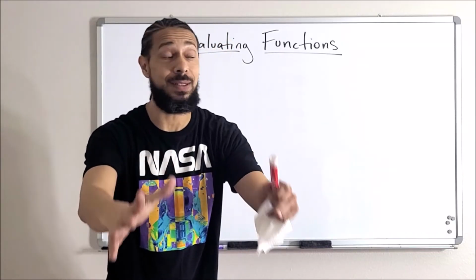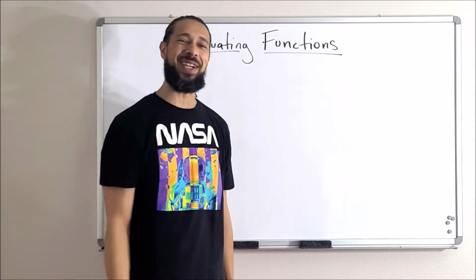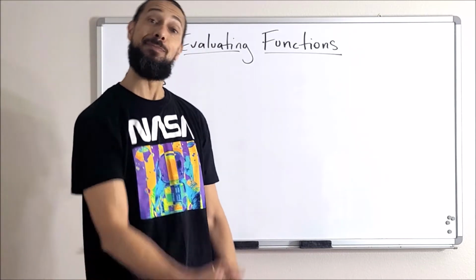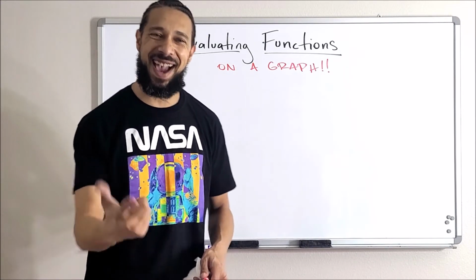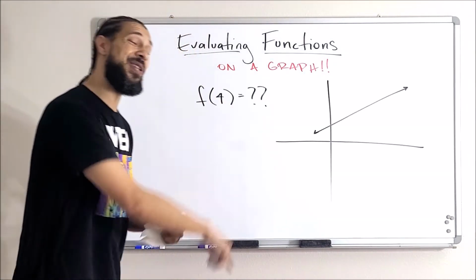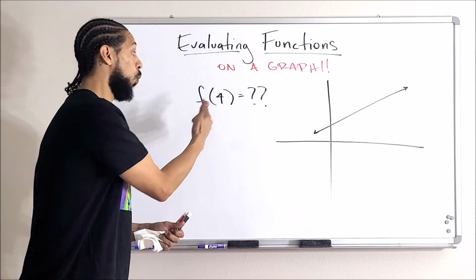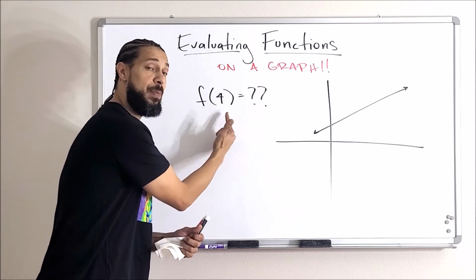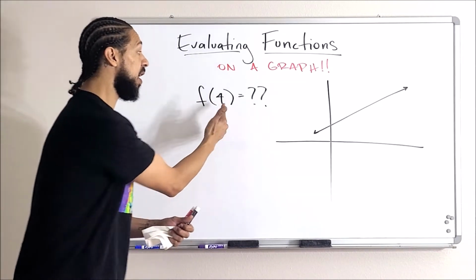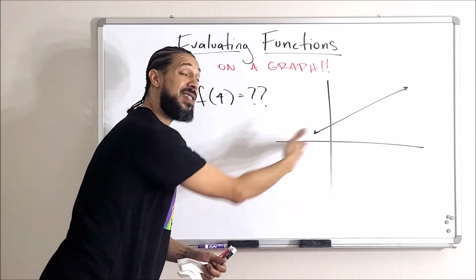Oh, but wait, can't forget about evaluating functions on a graph. Let's get a graph up here. What if you were given a graph and you were asked, what's the value of my function at an input value of 4? Remember, these input values are x values all along this axis.